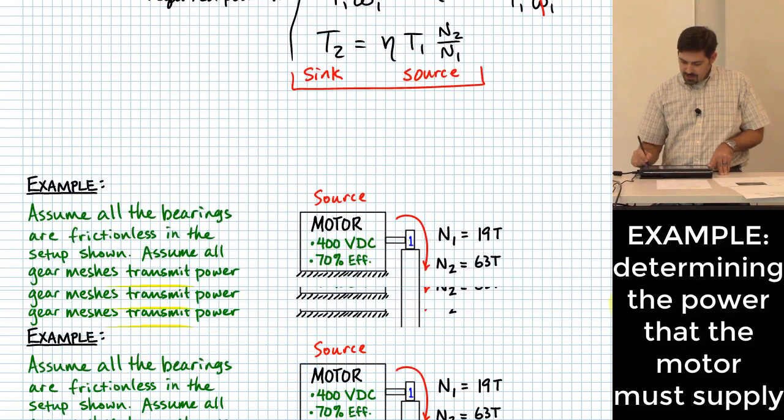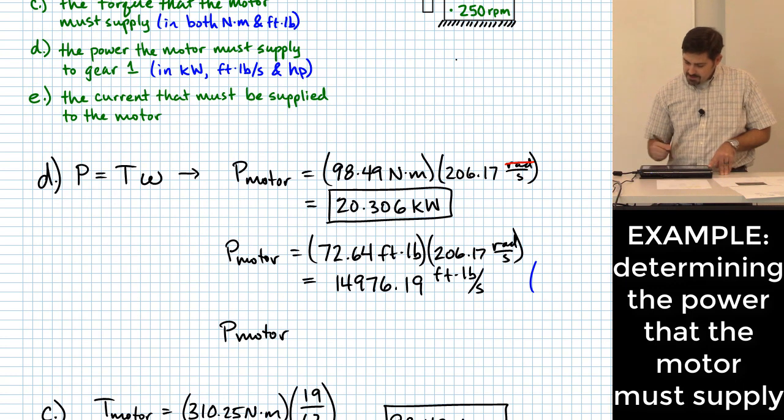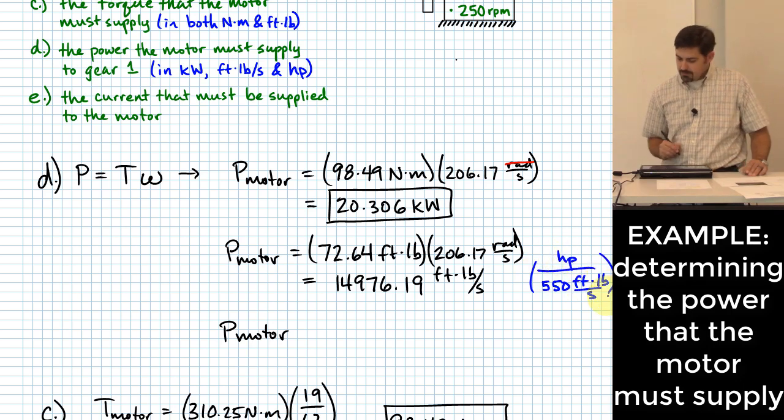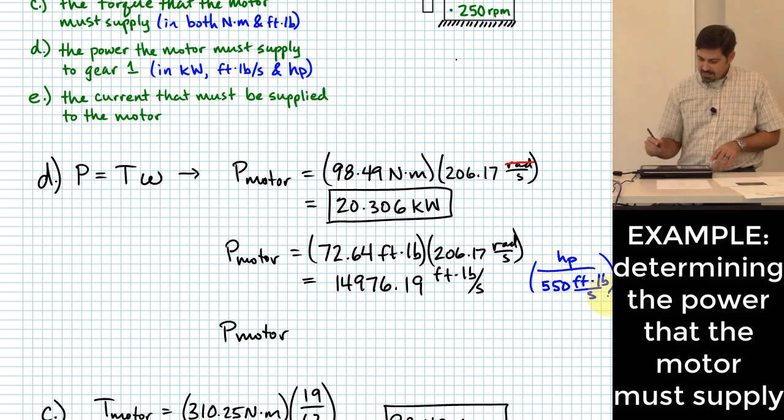So when we go down here, we can apply that factor like this. I need to get rid of my foot-pounds per second, so I put that in the denominator, 550 foot-pounds per second in 1 horsepower. And that ends up giving me 27.23 horsepower.